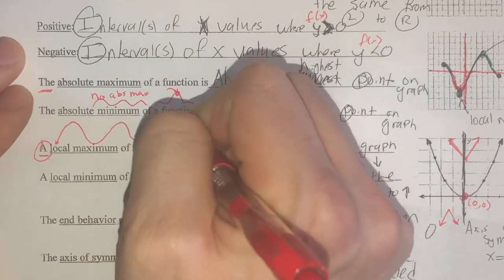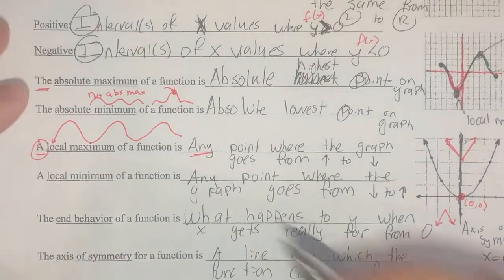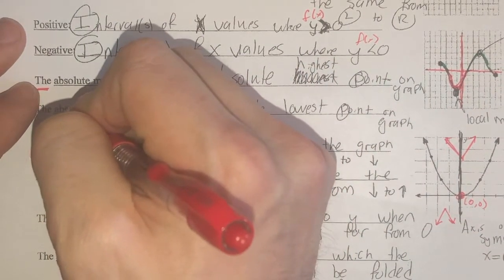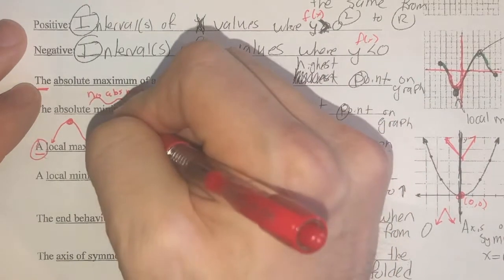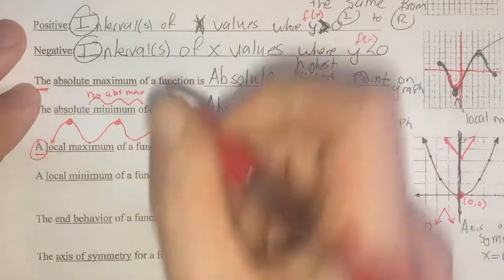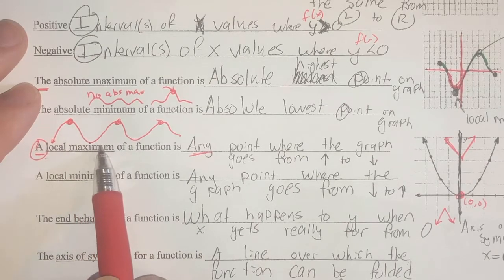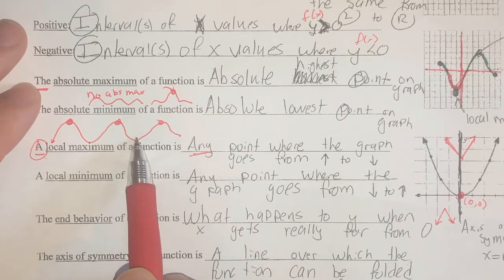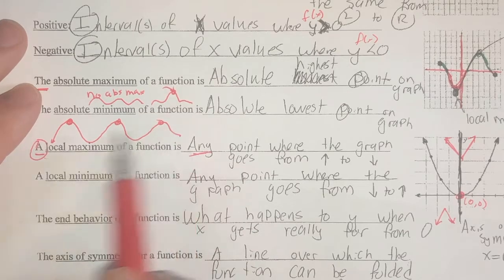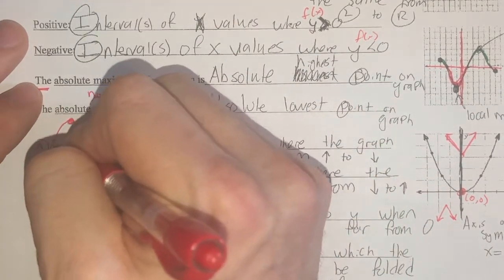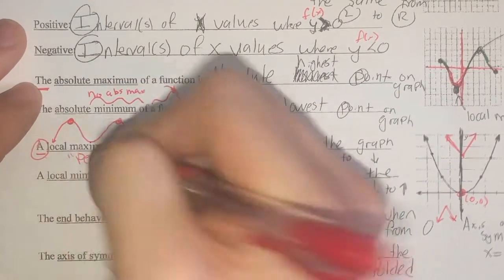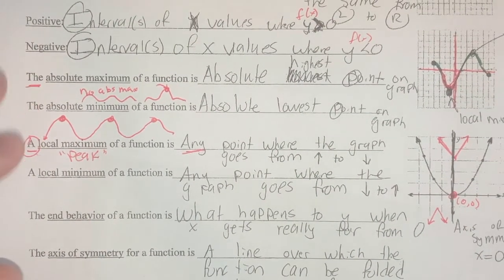Here's a wave function, also called a sinusoidal function. Notice that here and here, the function's going up, up, up, hits the top, goes down. Up, up, up, hits the top, goes down. Up, up, up. So everywhere that this hits a peak, that is going to be a local max.